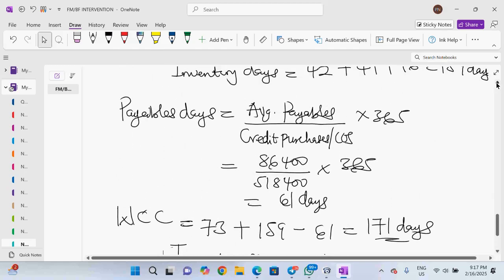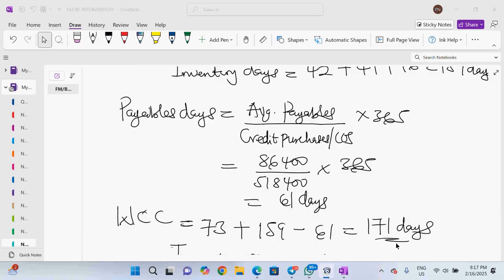Please, with the payable days, the formula you wrote, average payables over the purchases or cost of sales. So I'm asking, don't we use the cost of goods sold? Yeah, if the credit purchases is not there, then you choose the cost of sales.